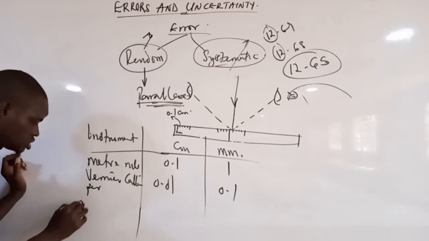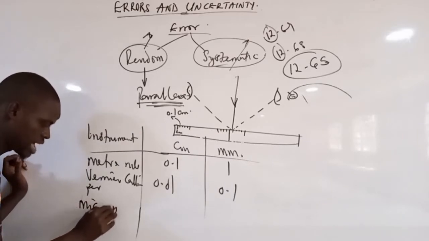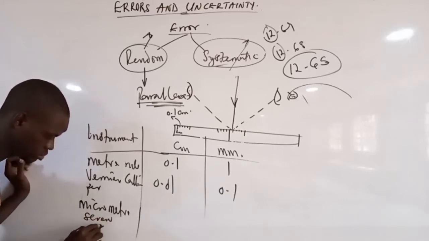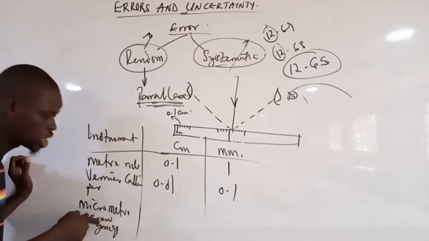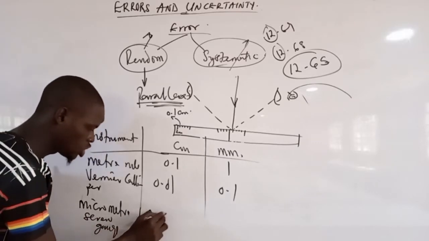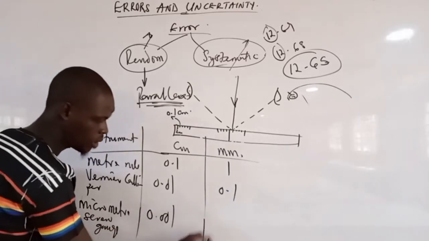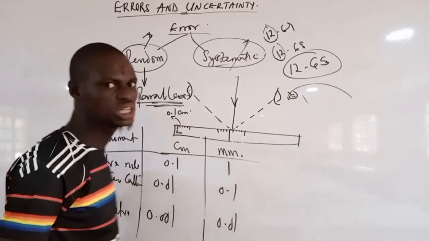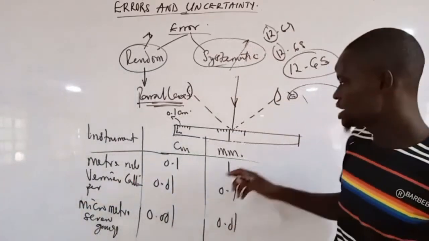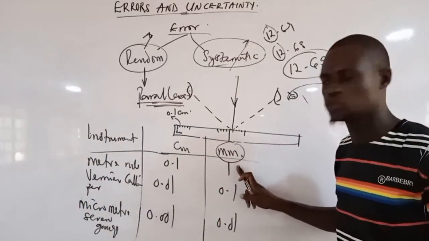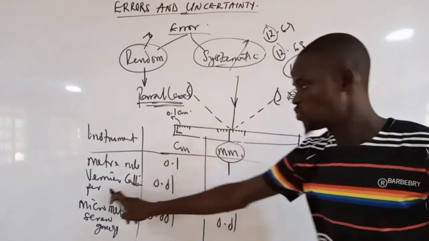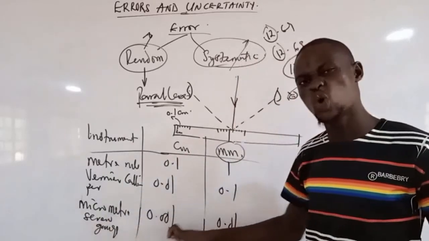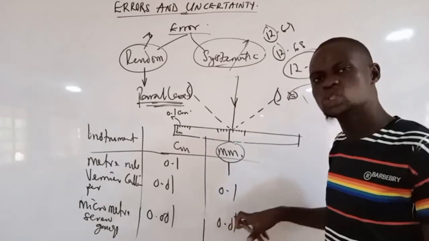For micrometer screw gauge, its reading accuracy is 0.001 in centimeter, while 0.01 in millimeter. This is the least graduation on the instruments. If the instruments are measured in millimeter, the least graduation for meter rule is 1. For Vernier caliper, it is 0.1. For micrometer screw gauge, it is 0.01.